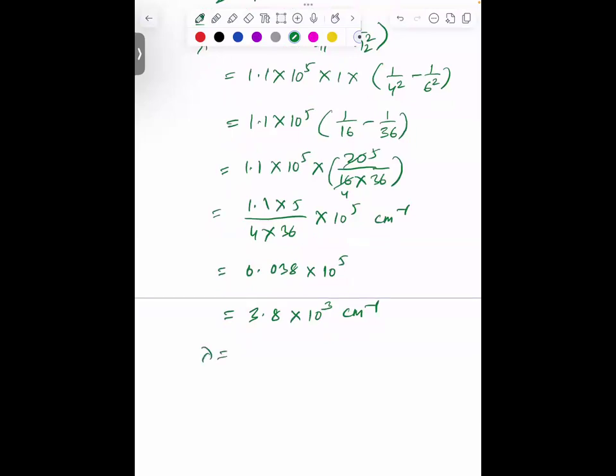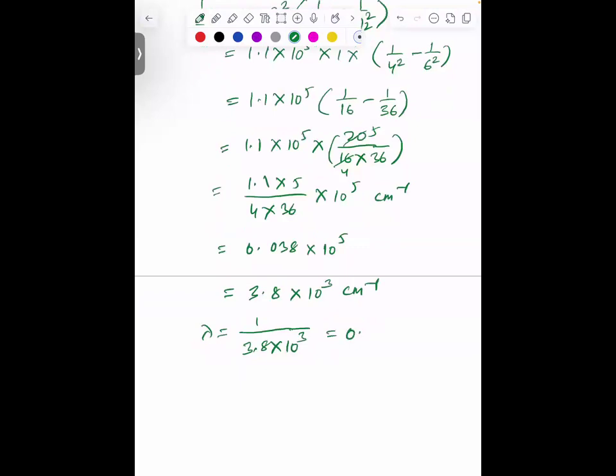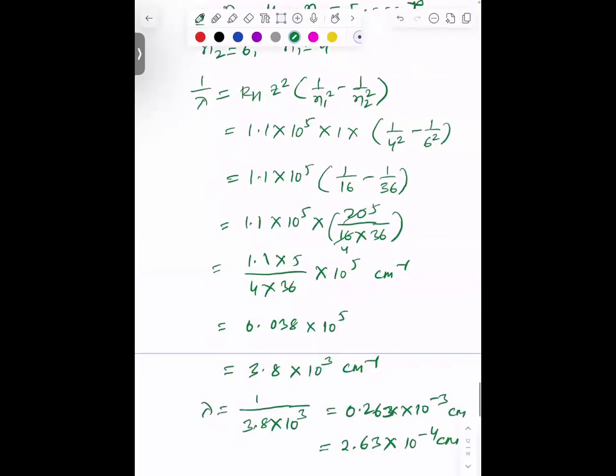So lambda equal to 1 upon 3.8 into 10 to the 3, that is 1 upon 3.8, which is 0.263 into 10 to the power minus 3 centimeter, or 2.63 into 10 to the minus 4 centimeter. This is the answer. Right, students?